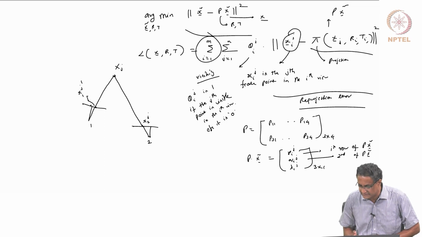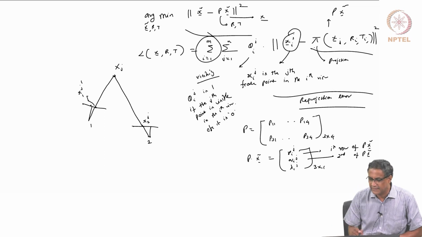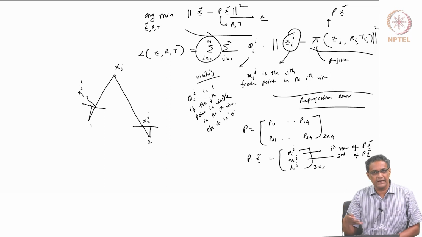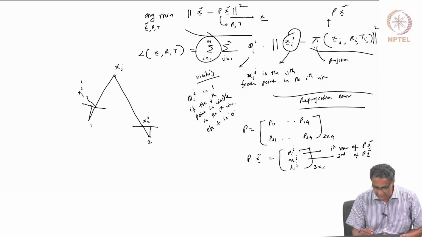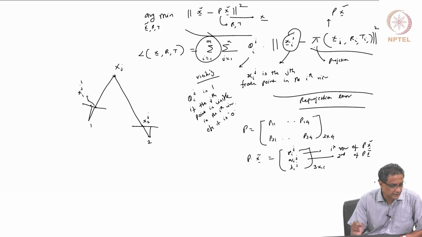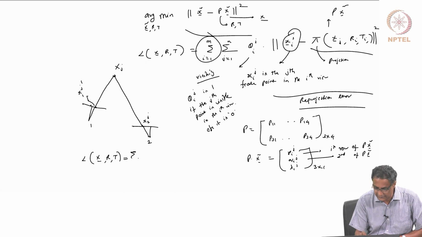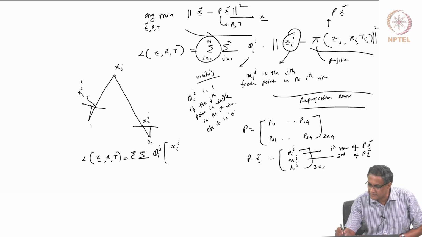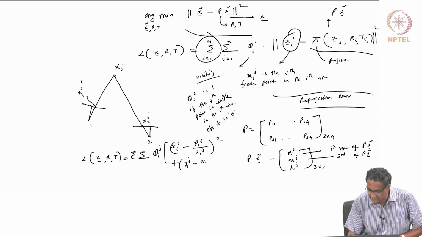Whatever is that value, that is pij, and therefore what you can do is replace this, and instead of having 3 elements in xij, you can actually reduce it to 2. So the simplified form will look like this: the sum over i and j, theta ij will remain, and then inside you can write xij, which I've now brought down to a scalar, minus pij by lambda ij, the square, plus yij minus qij by lambda ij, the square.